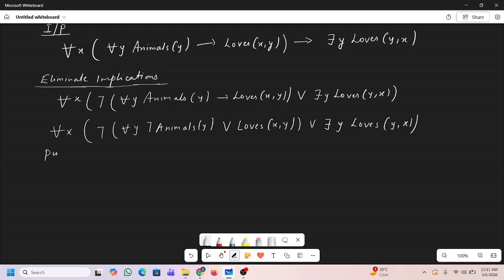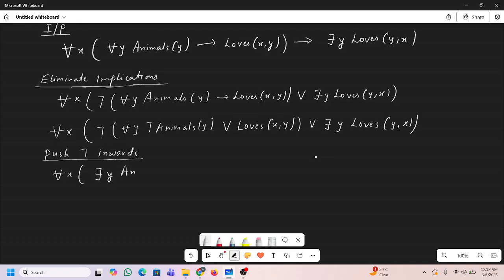So the next thing is push negation inwards. If I push this negation inward, it will become for all x, and as the negation goes inside, this will turn into there exists y, and then this negation will get cancelled.